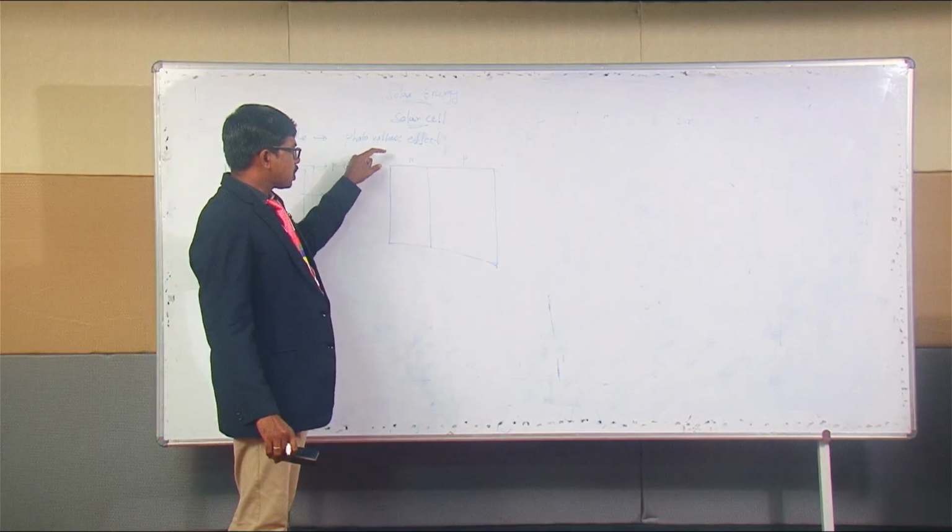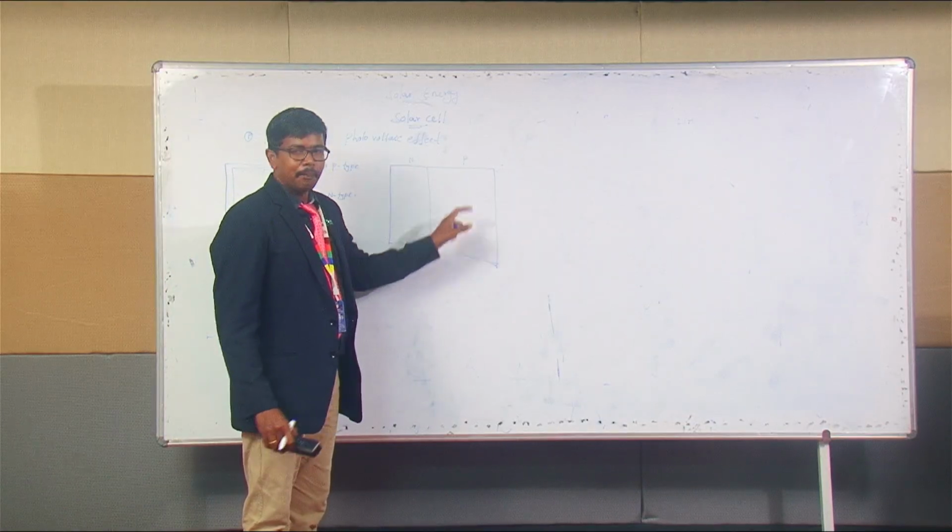So we can take two semiconductors, an N type semiconductor and a P type semiconductor.